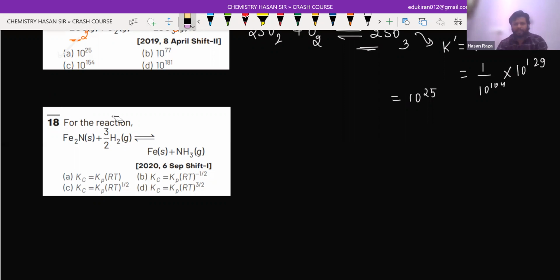This is also quite easy. So today we need to go through two chapters, ionic equilibrium, and I'm going to give an overview of this ionic equilibrium.